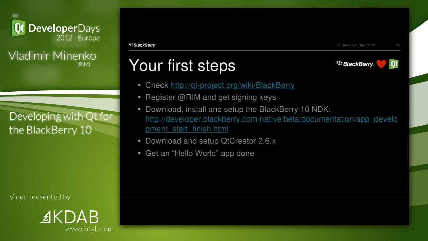The next important thing is to register with RIM and get signing keys. The device has a security infrastructure, and that's a very important point. You guys know the reasons for this. Registering with RIM is a very simple procedure. You'll get an email with all the keys and a small introduction on how to deal with them, and it's done.